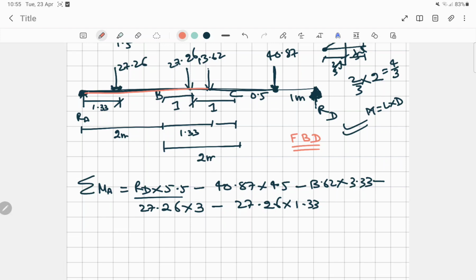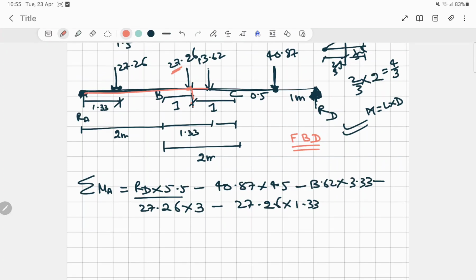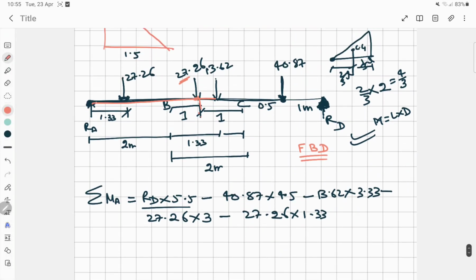Minus this 27.26, this load will cover 3. Now minus 27.26, this load covers 1.33 distance to reach this point.